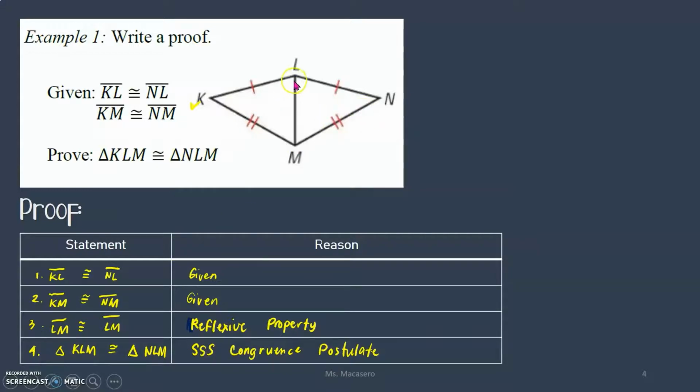And lastly, we have side LM is congruent to side LM. So all of our statements here pertain to the sides of our triangles. No angle, nothing else. So meaning to say, we have already established the congruence of the two triangles using the SSS Congruence Postulate. Okay?